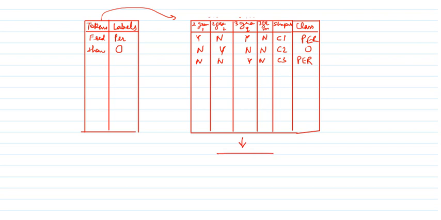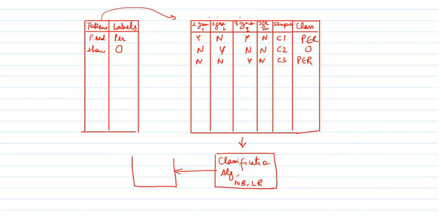We give it to a classification algorithm. The algorithm could be naive Bayes, logistic regression, or SVM. This gives the model that will be used to predict the labels for new data.